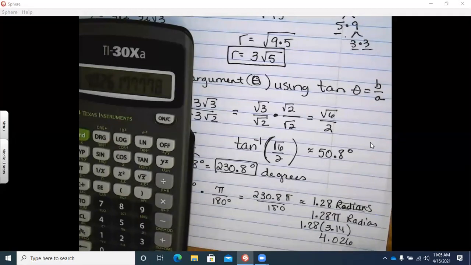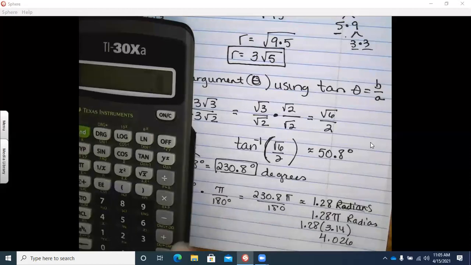That doesn't make sense. Hold on, I'm questioning myself now. 230.8 divided by 180.